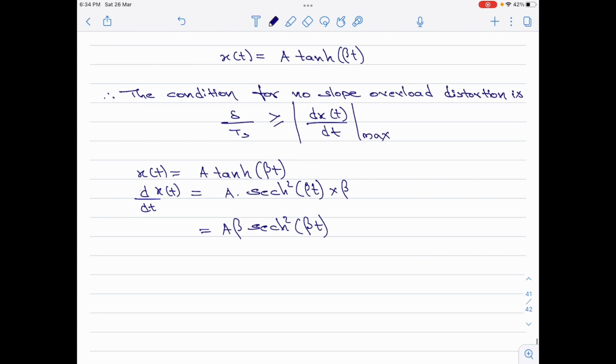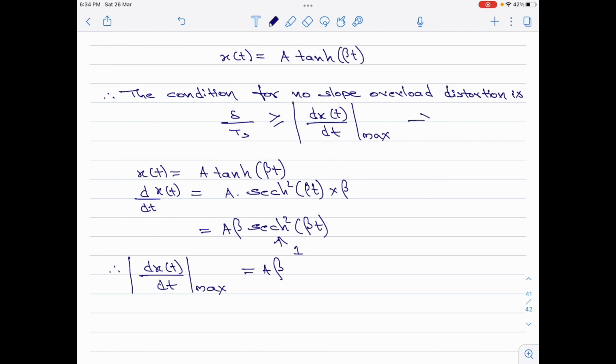Since we are asked to find the magnitude maximum of dx of t by dt, the secant h square of beta t term will reduce to 1. Therefore, the magnitude of dx of t divided by dt maximum is equal to A into beta.